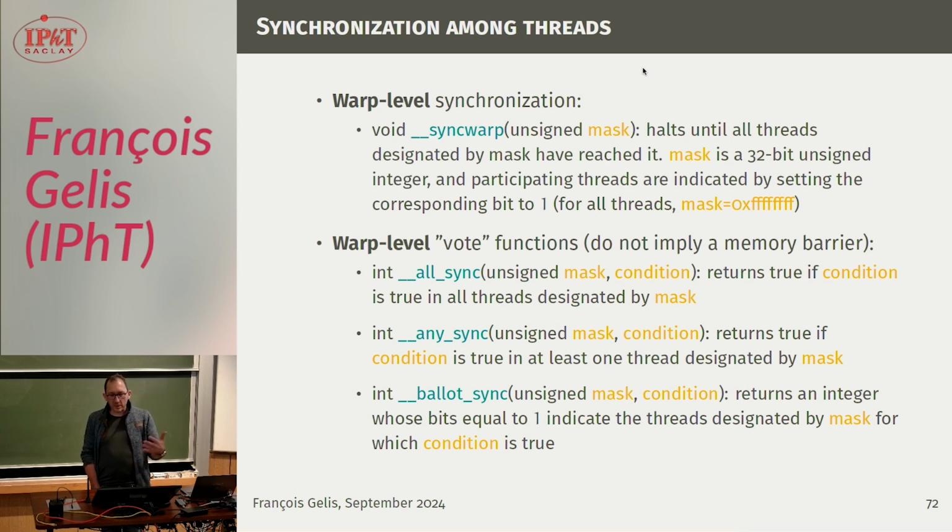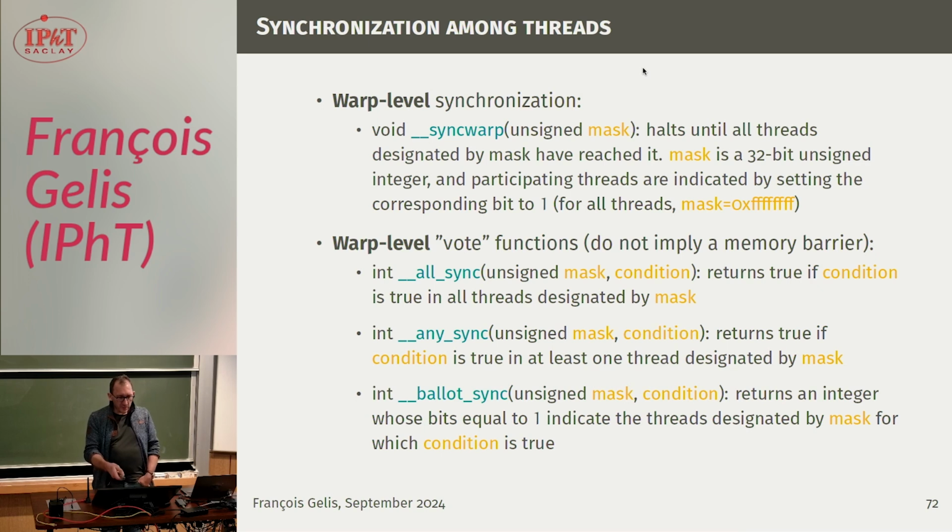So you can exclude certain threads from this behavior of blocking until they have all reached this. If you want to say all threads matter, then you put the 32 bits to 1. That means in hexadecimal it's FFFFFFFF. I've never used this function because I've never had a situation where I wanted this fine-grained level of synchronization.